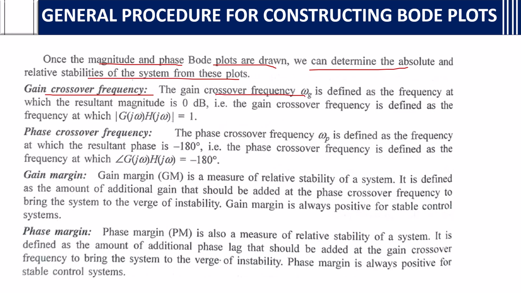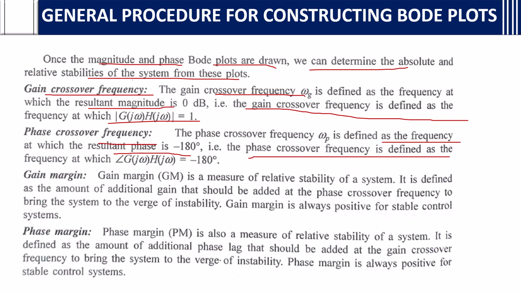The gain crossover frequency, omega g, is defined as the frequency at which the resultant magnitude is 0 dB, that is, magnitude equals 1. And the phase crossover frequency, omega p, is defined as the frequency at which the resultant phase angle is minus 180 degrees.